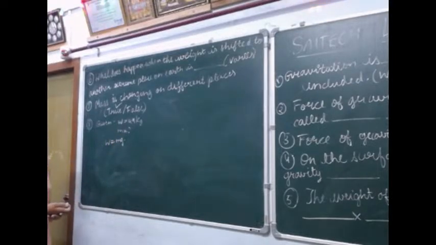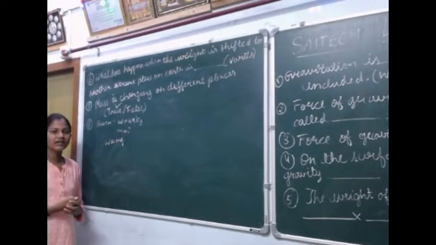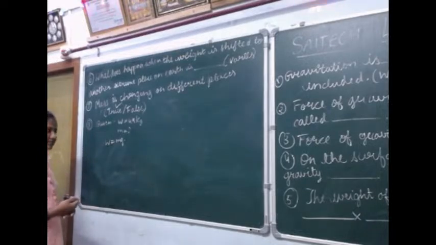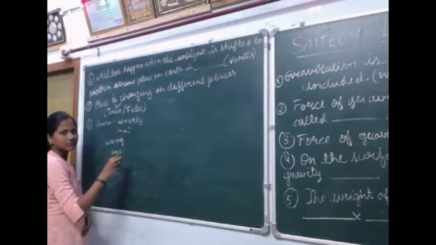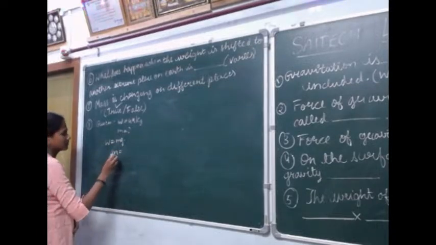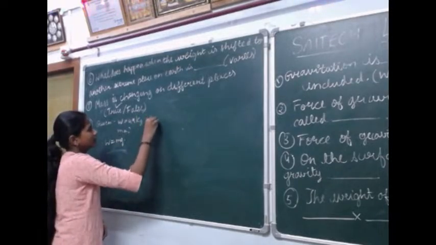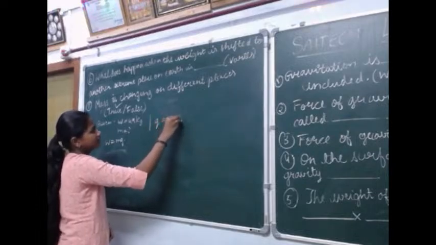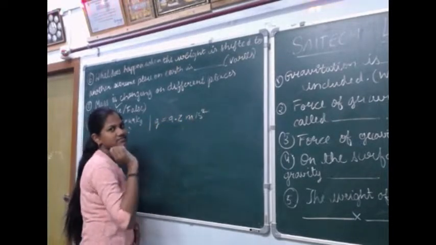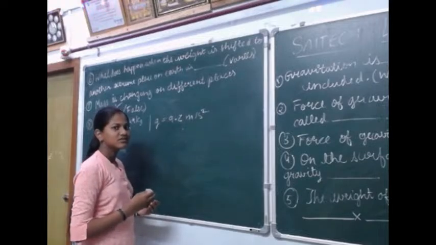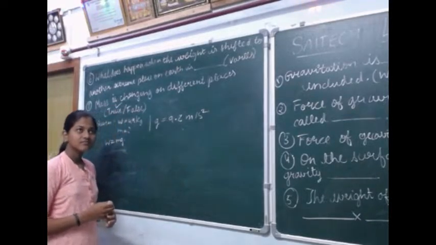So what should I take as the value? 9.8. You write down the value of g first. What is the value? 9.8 meter per second squared. That is g.